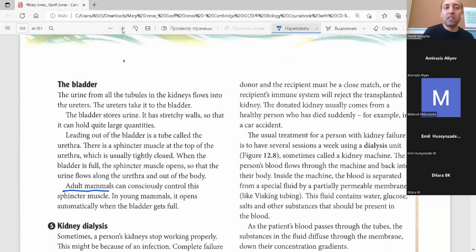Conscious means it is voluntary, which means that you can control it. But for children, young mammals, this process is involuntary, or unconscious, or automatic. This is the reason why we use, for example, different types of diapers, let's say, because they can't control their urination process.